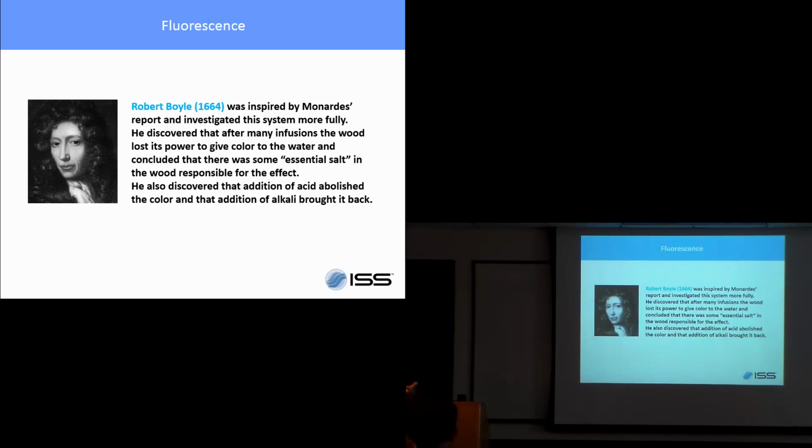So there was less of this color or this essence or this substance going into solution. But he also discovered that by changing the pH, so making the solution more acidic or less acidic, the fluorescence would increase or decrease. So in a sense, he was discovering the first pH meter.